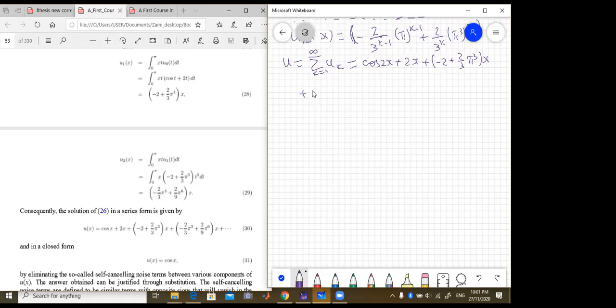To see the pattern, it is better to write u3. U3 is minus 2 over 3 square, yeah, because this 9 is a pi to the power 6, plus 2 over 3 square. Actually, it is better to write this one square cube.